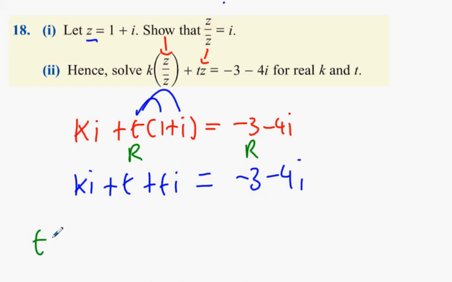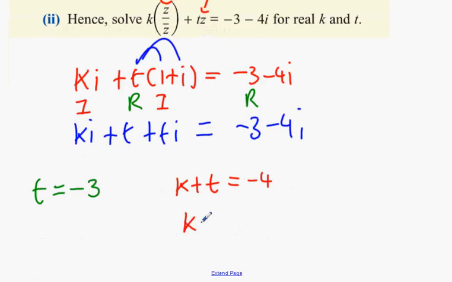So t equals minus 3, and then imaginary, k plus t equals minus 4. What's k? Or sorry, what's t? k minus 3 equals minus 4. So what does that mean about k? Minus 1.